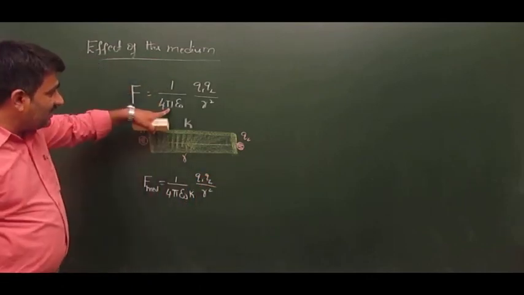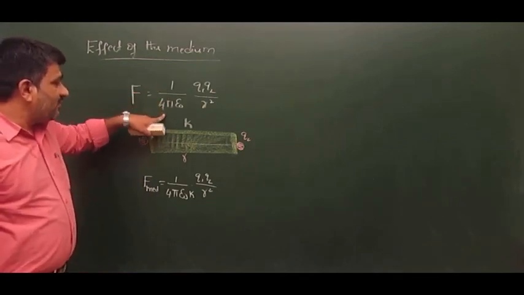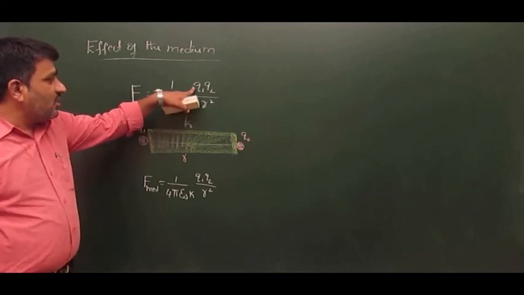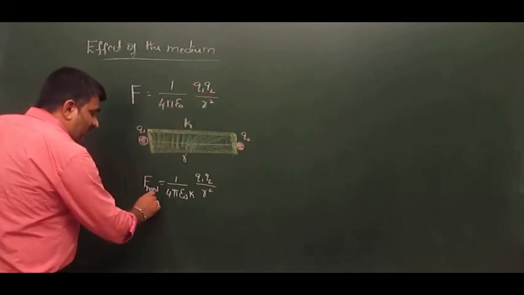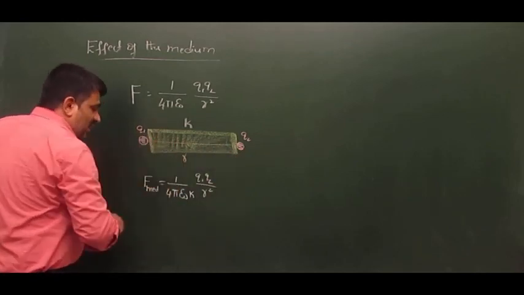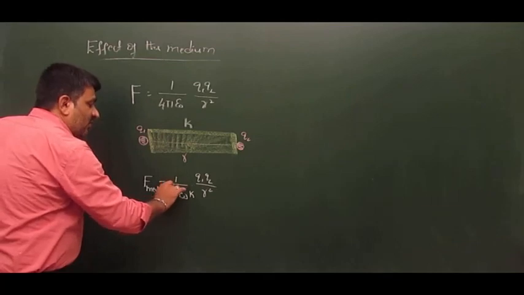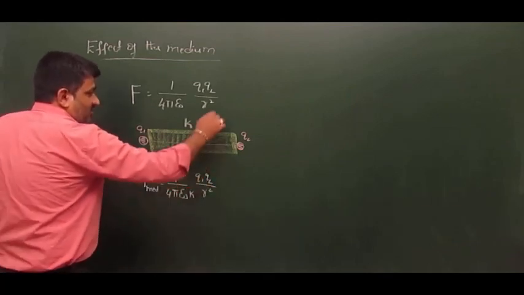See here, for air or vacuum, the general equation is F is equal to 1 divided by 4 pi epsilon naught into Q1 into Q2 divided by R square. Here for the medium, completely filled in between the two charges, F medium is equal to 1 divided by 4 pi epsilon naught into K into Q1 into Q2 divided by R square.